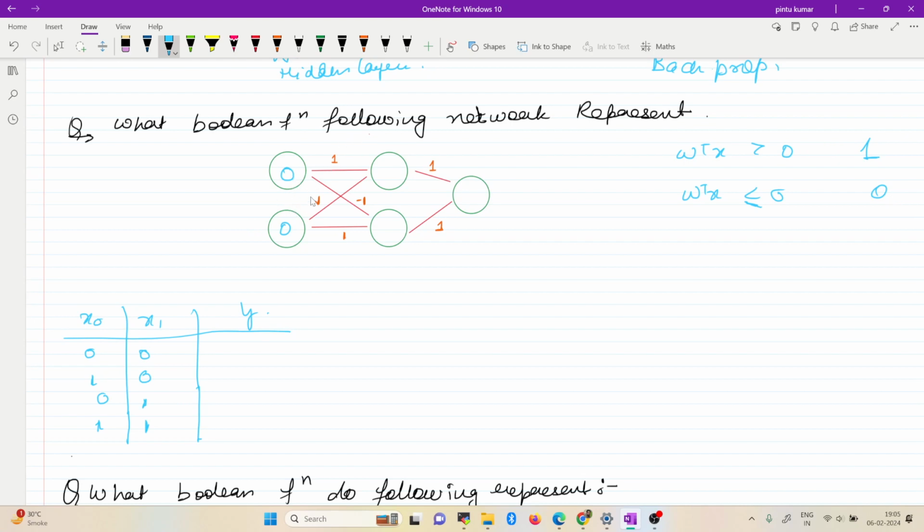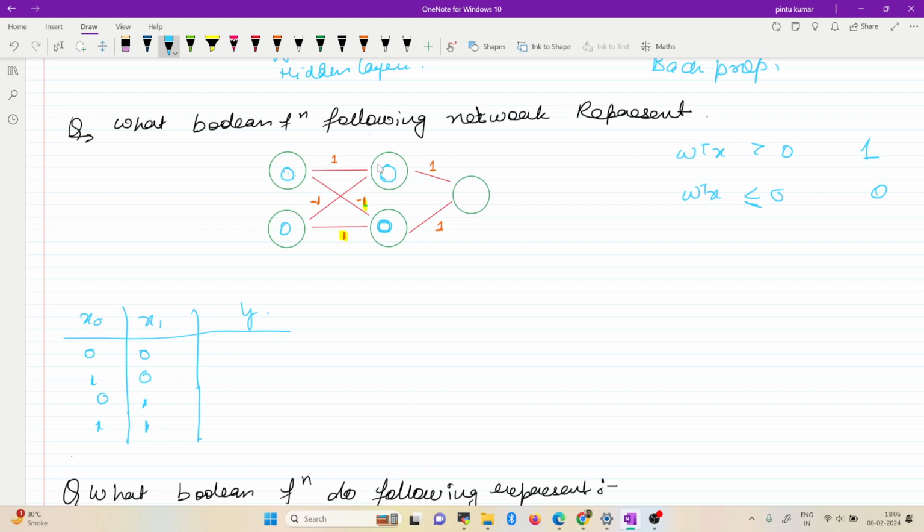So if this is 0 comma 0, what would this neuron be? This would be 0 times 1 plus 0 times minus 1, and the value that we obtain is 0. Now again here, 0 times minus 1 and 0 times 1. What do we obtain? 0 again.